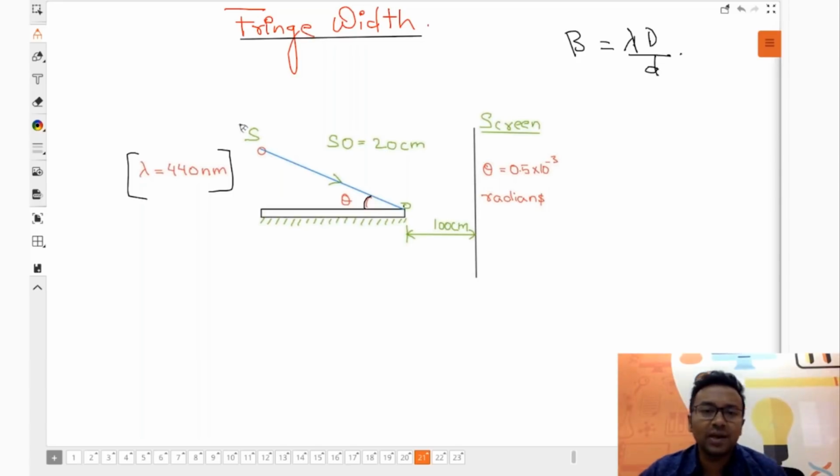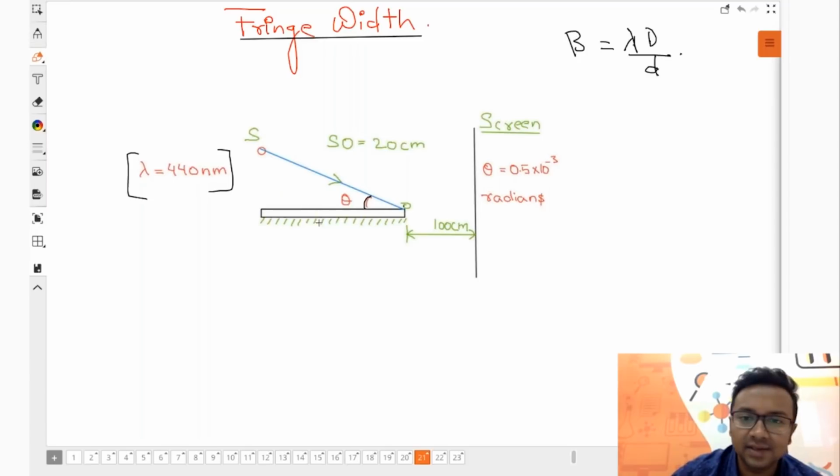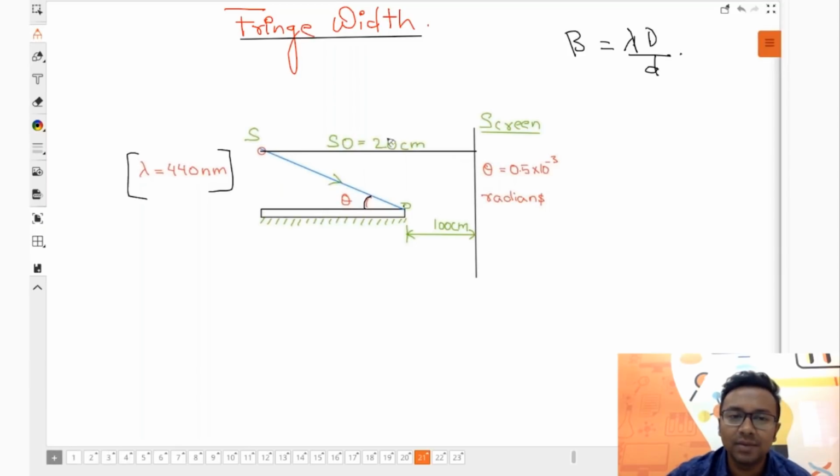So students, what is going to be capital D in this case? Very simple. It's going to be the distance from here to the screen. Now, what is going to be this distance? It is very simple. If you look at it, my dear students, S to O is 20 centimeter.